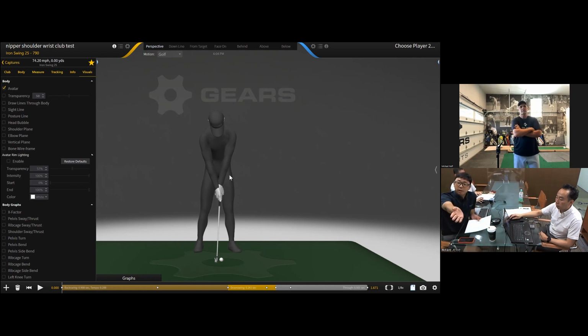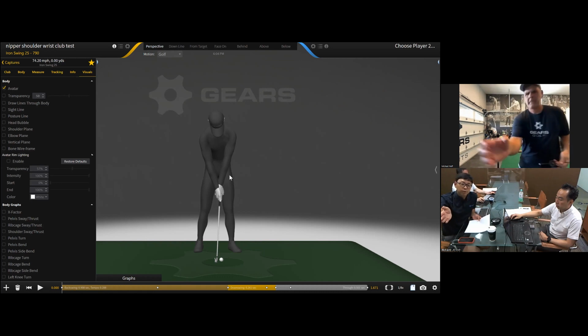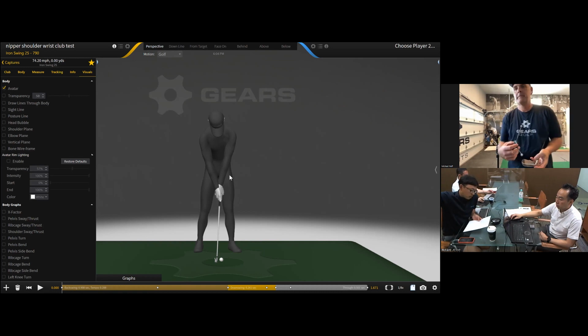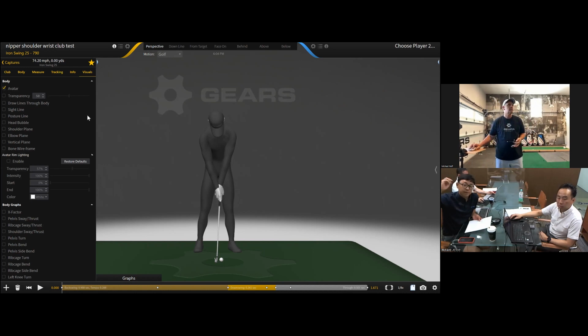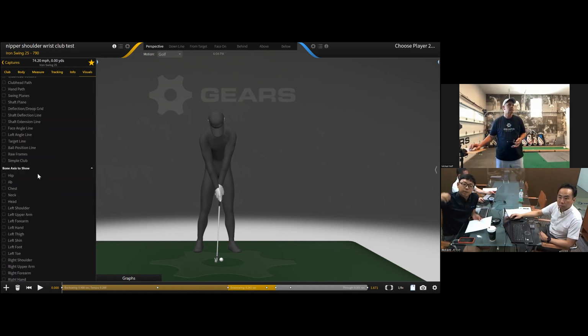So let's say the loft angle at the setup, on the screen, is that a 7 iron? As a setup, let's say the driver is 10 degrees, but when it gets to the top of the swing, the loft angle says 47 degrees at the top of the swing.